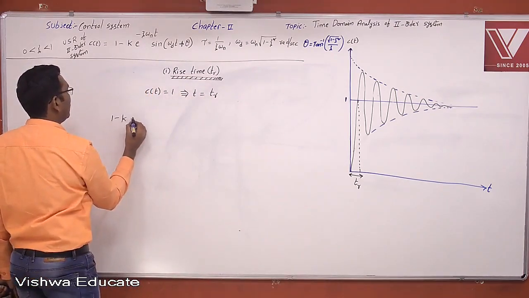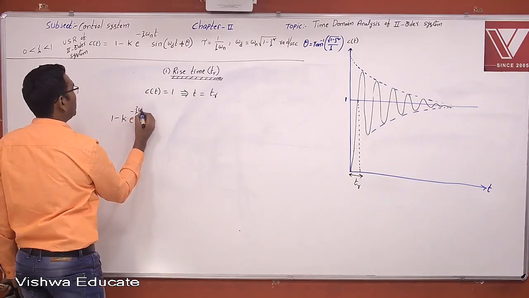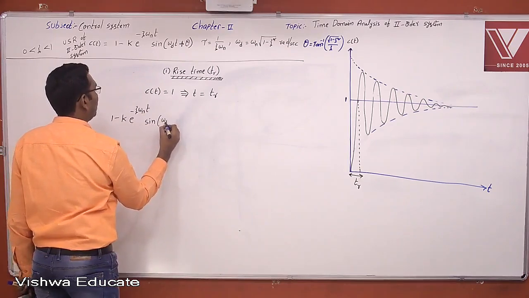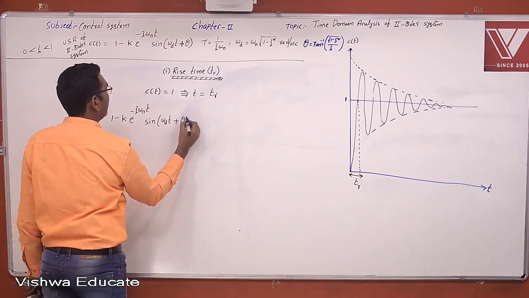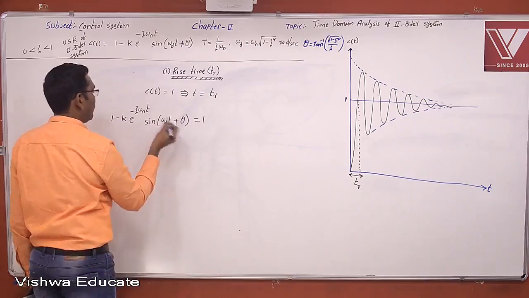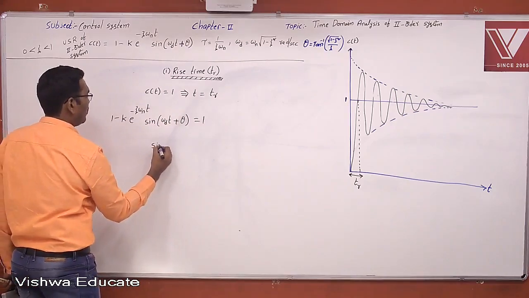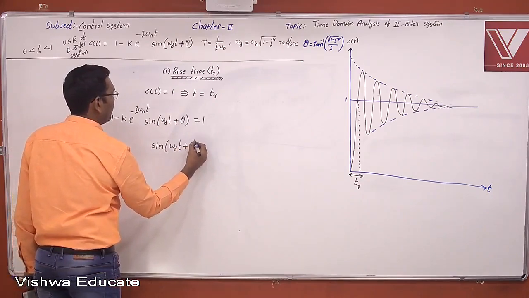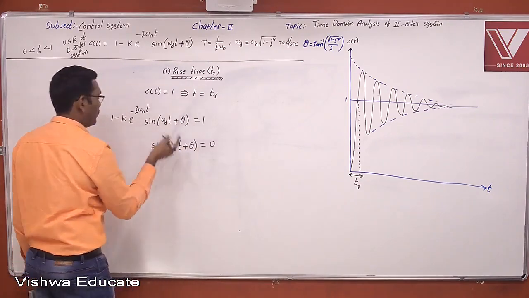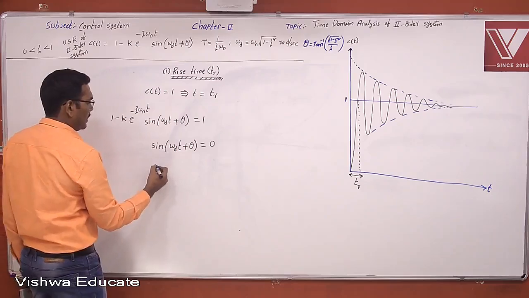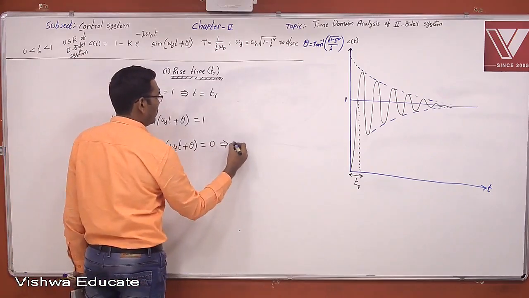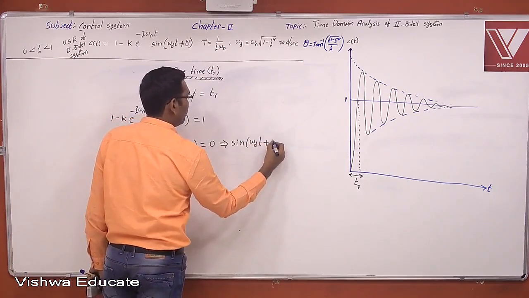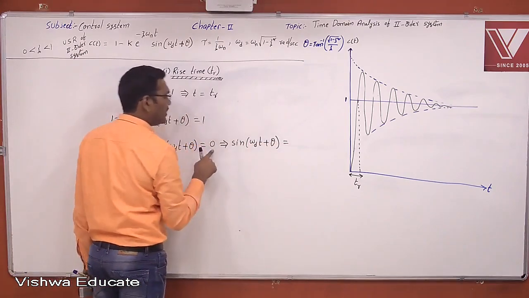The response is 1 minus k into e power minus zeta omega n t sine of omega d t plus theta, which at rise time equals 1, so sine of omega d t plus theta is equal to 0. Can I write it like this? Sine of omega d t plus theta. Sine n pi is also 0, right?